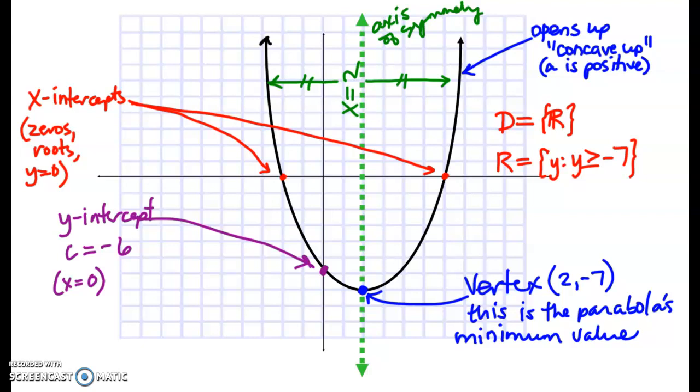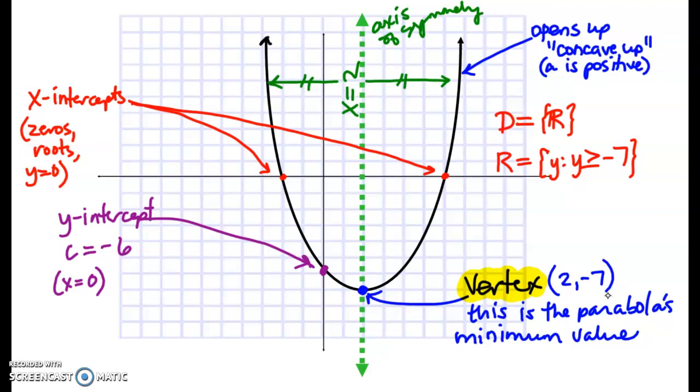Once that's done, you can start the video and stop it whenever you want to write in the things as we discuss them. So, first of all, let's start down here at the vertex. The vertex is this point that's the bottom of the parabola, or if the parabola is opening downward, then this vertex would be at the top.